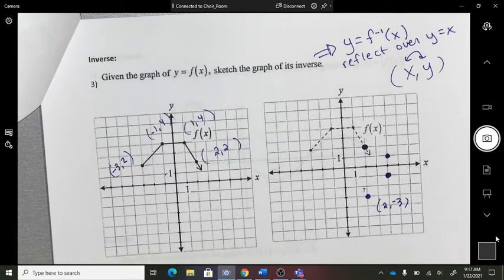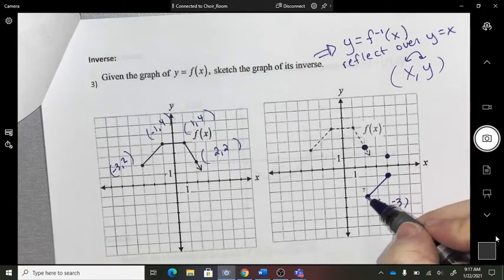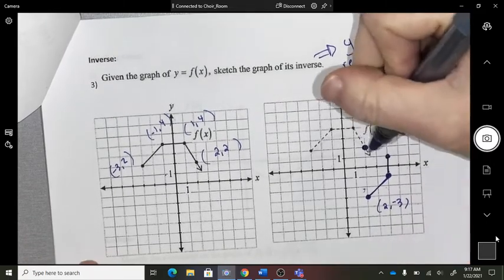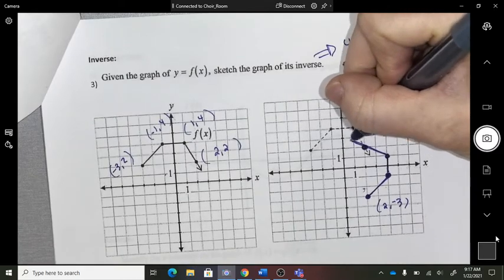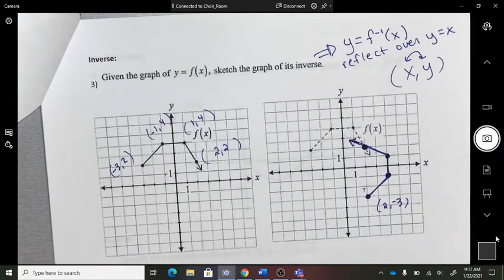Now, the biggest thing is when you connect the dots and draw, there's an arrow on one end, right? So which end would the arrow be on and how do these connect? And there's the shape.